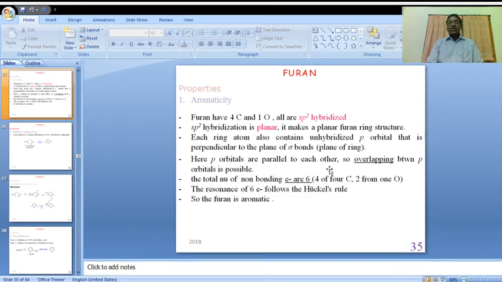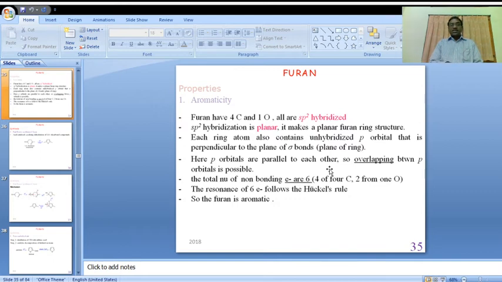All these 4 carbon atoms and 1 oxygen atom undergo sp2 hybridization. After formation of the sp2 hybridized orbitals, all these atoms are in the same plane. It makes a planar furan ring structure.